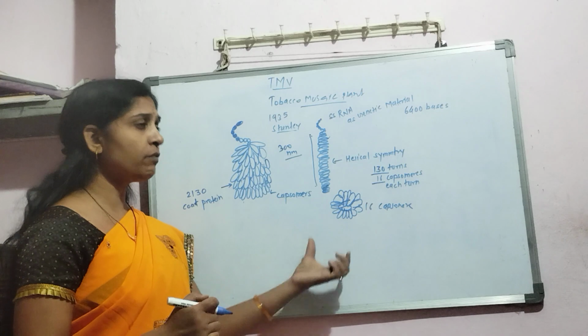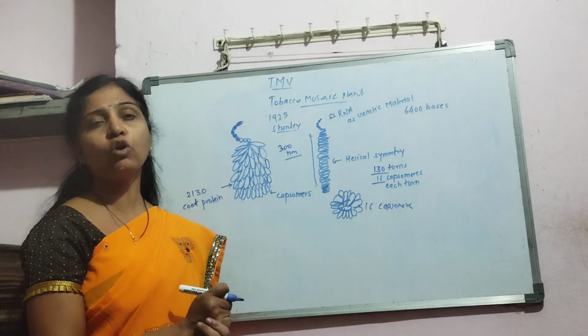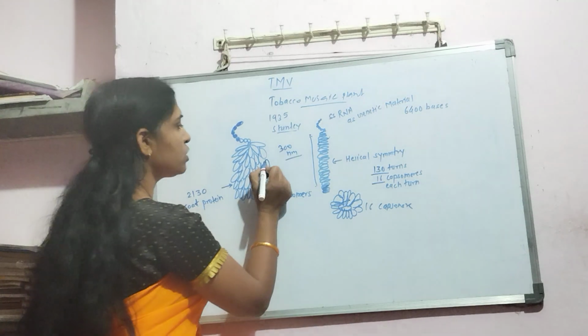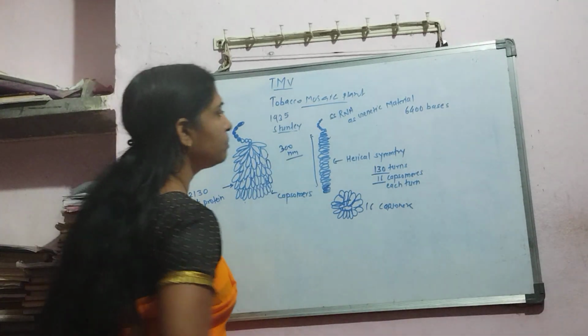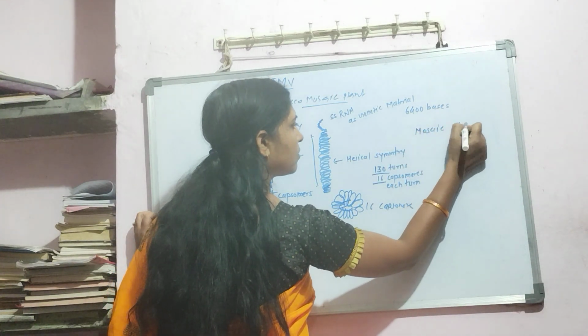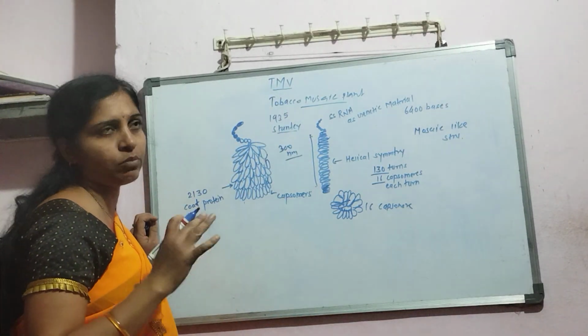Now switching over to the infections or symptoms caused by the TMV virus, it majorly forms mosaic like structures on the leaves of the plants.